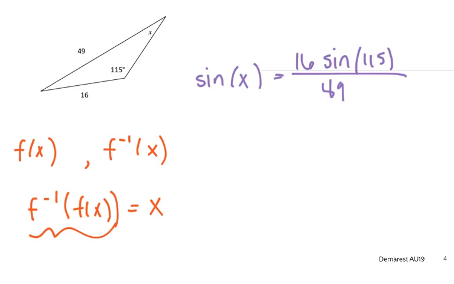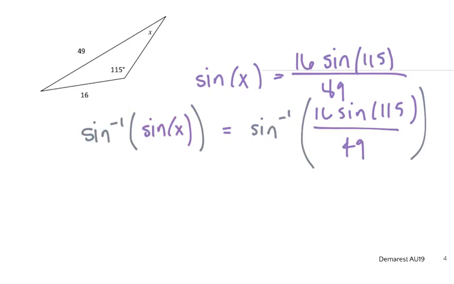So I'm going to use that same idea on sine, and I can take the inverse sine of both sides, because remember, whatever I do to one side, I must do to the other, but that will leave me with just the input variable. So let's see how this looks. All right, so now you can see that I've taken sine inverse of both sides. Because again, whatever I do to one side, I have to do to the other side.